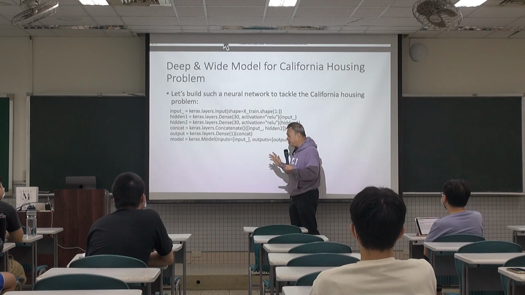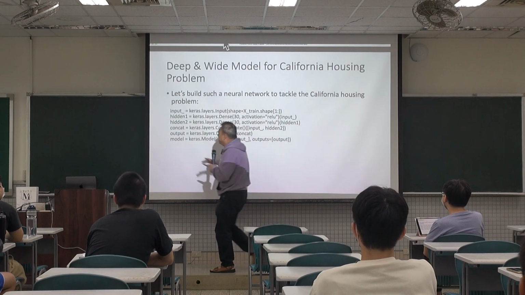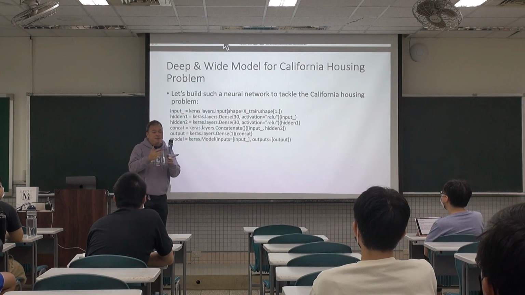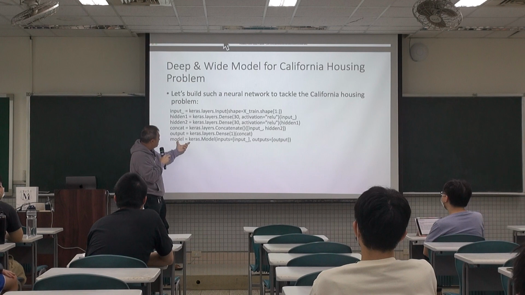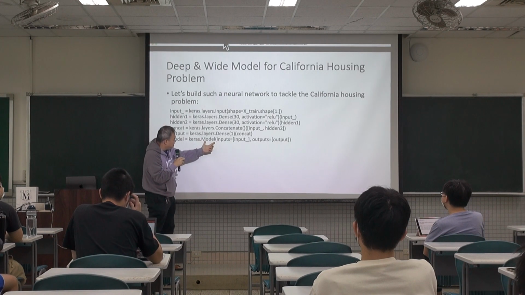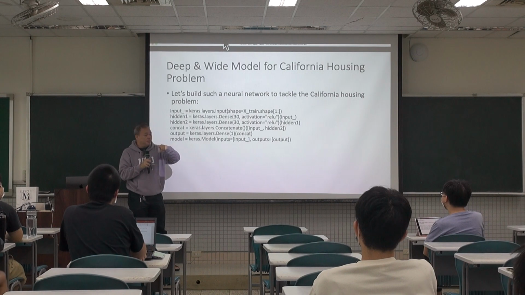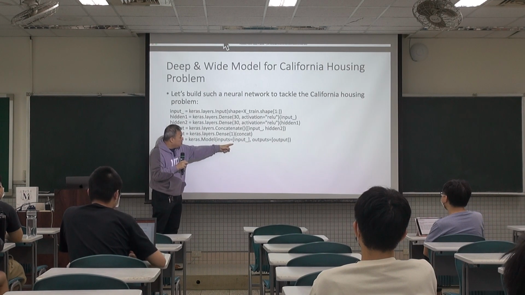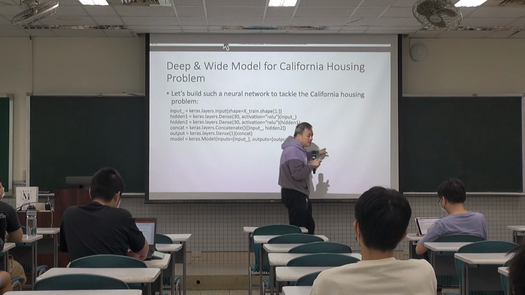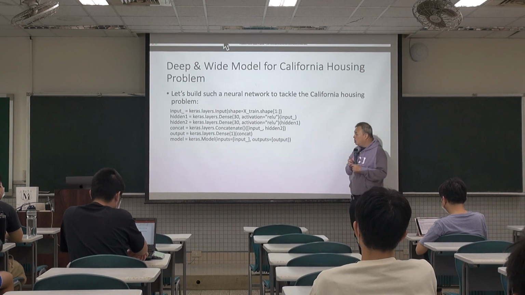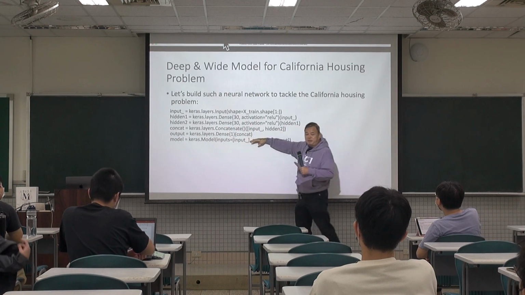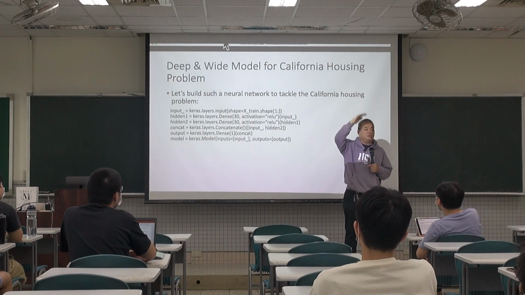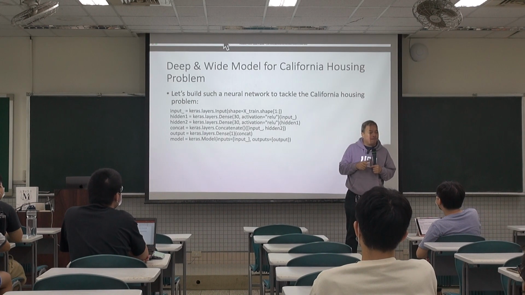If you are using the functional API, after you specify the relationship between the layers, you create a model: model equals keras.Model, but here you need to specify which is your input layer and which is your output layer. If you don't have this line, you don't have a model in the functional API, even after you specify the relationship between different layers.